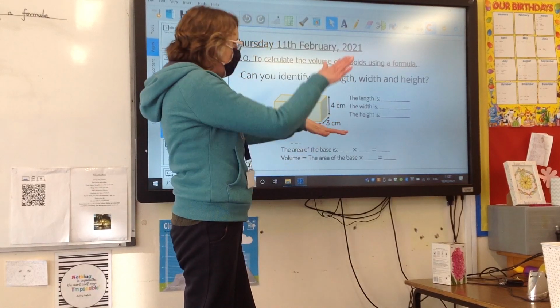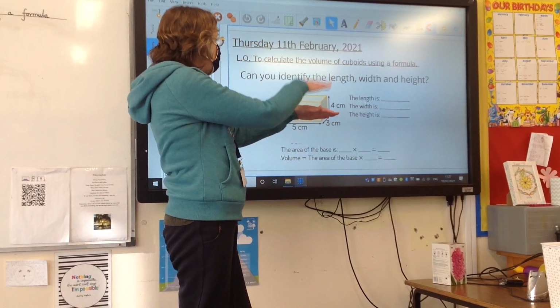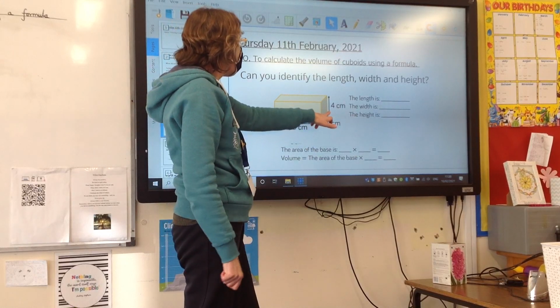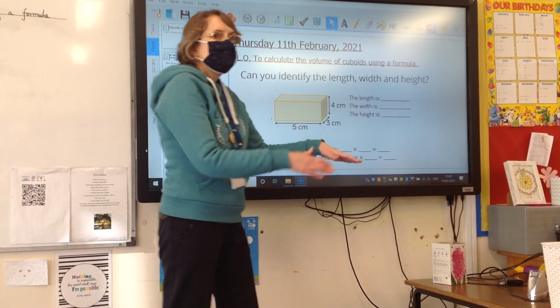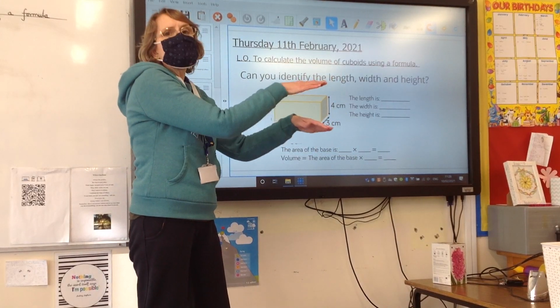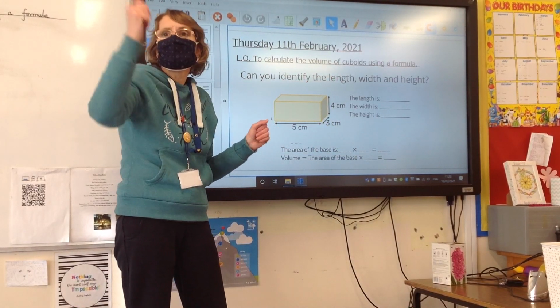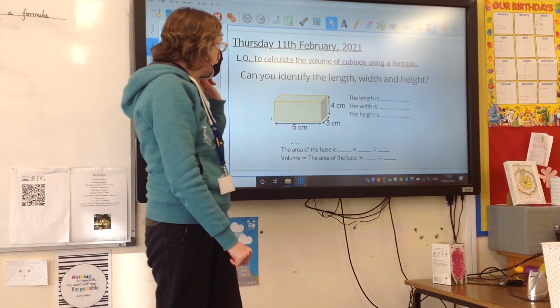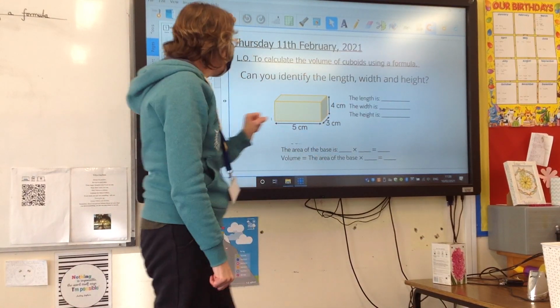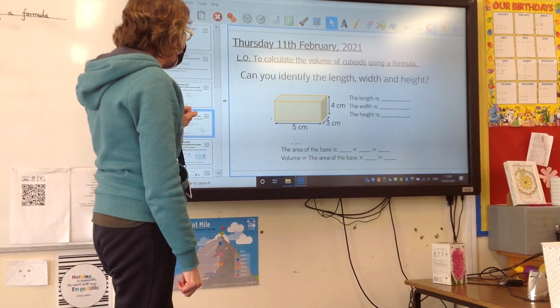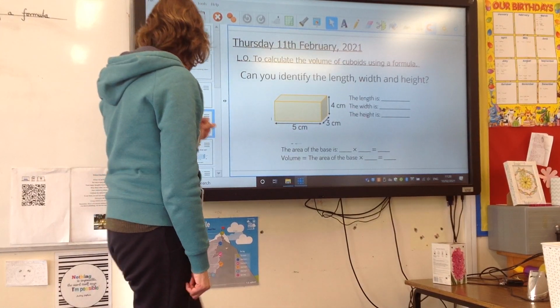And then you want 4 of those piled on top of each other, because the height is 4 centimetres. So you've got 15, and then 4 lots of 15. What are 4 lots of 15? 60. Good. So 60 centimetres cubed. Okay? Does that make sense to everybody? Yep. Good.